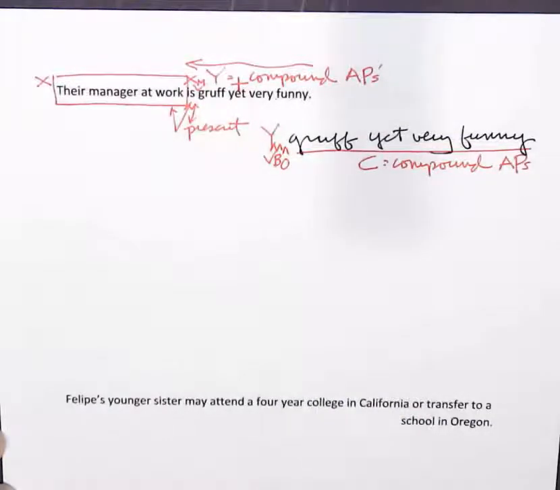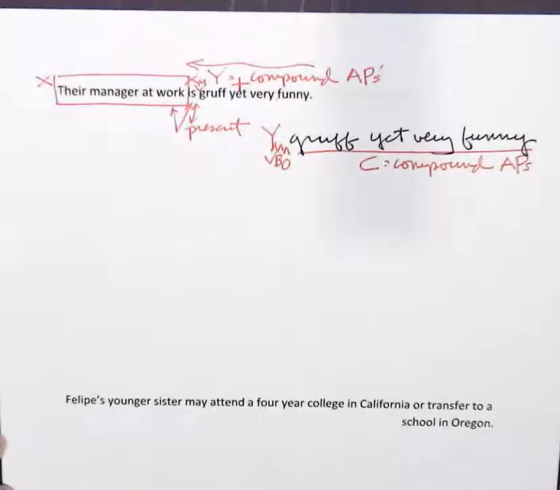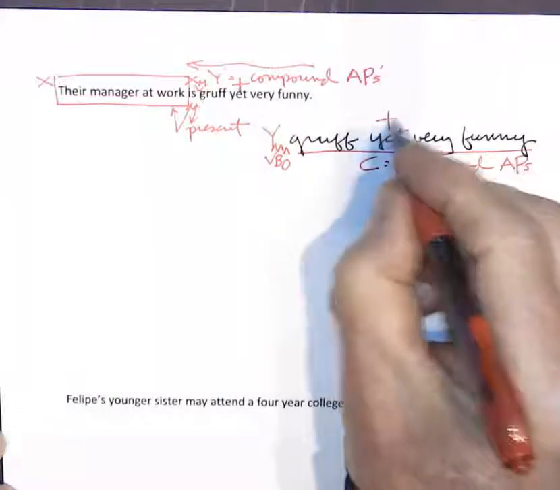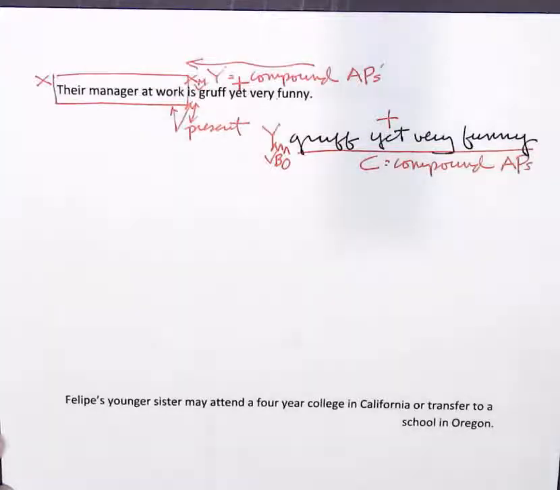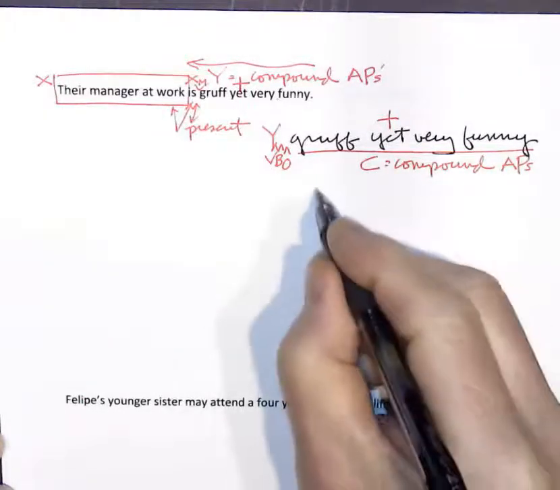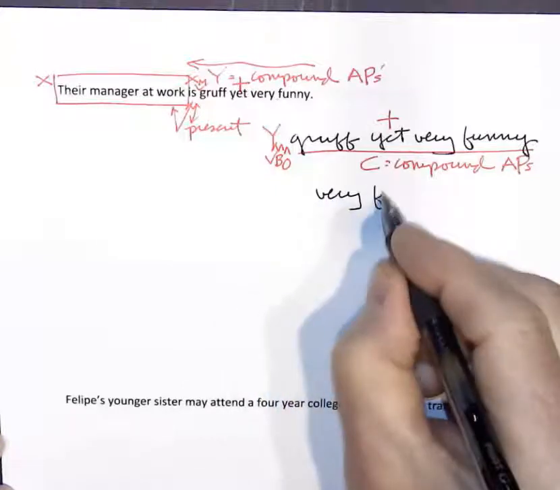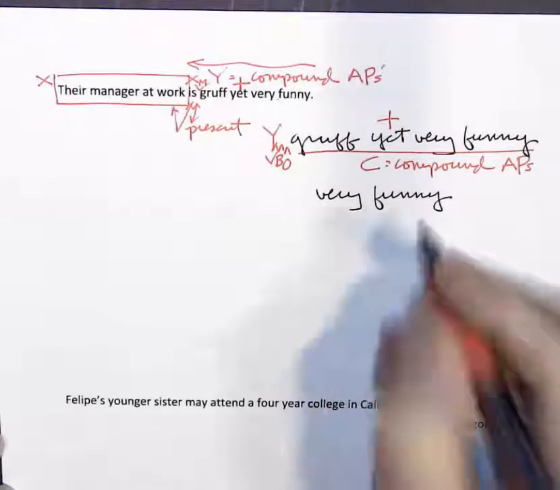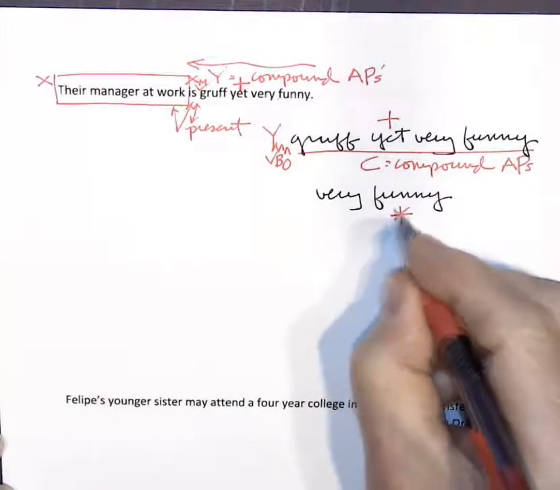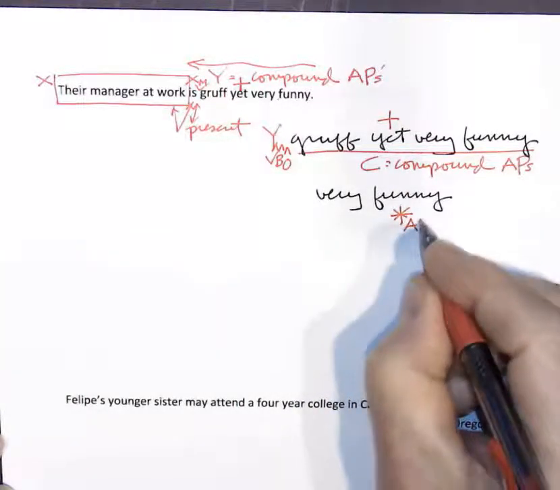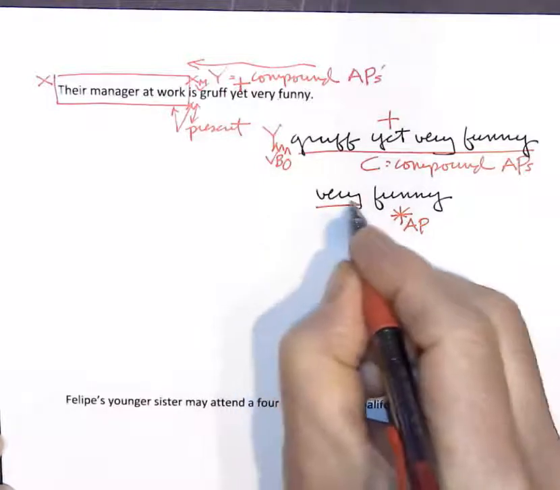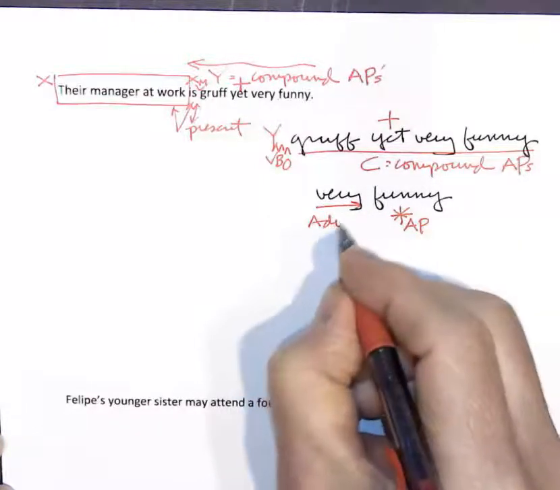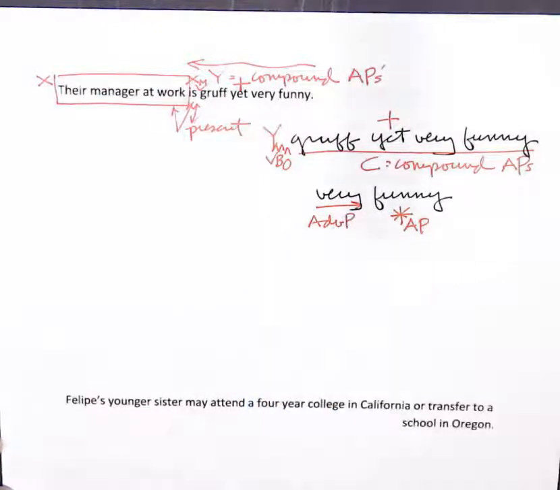And we should actually show the coordinator again. And then we only really need to take a look at very funny, since it's more than one word. Very funny, and funny is the head. It's an adjective phrase. And very is an adverb phrase modifier.